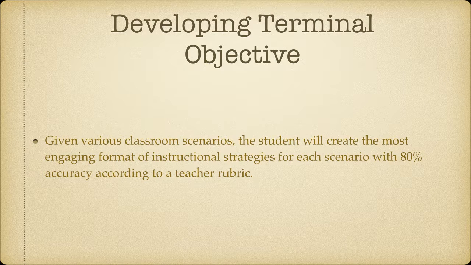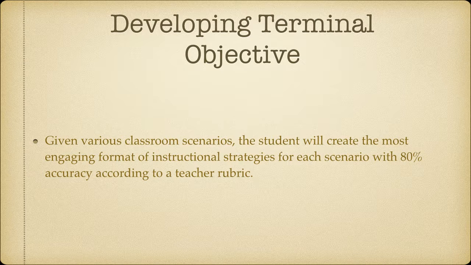We are very much task-oriented. And so each student is performing this individual task. It's not a group of students, it's individually based. So the student will create the most engaging format of instructional strategies for each scenario.